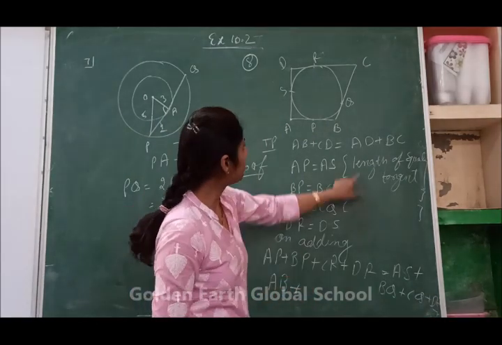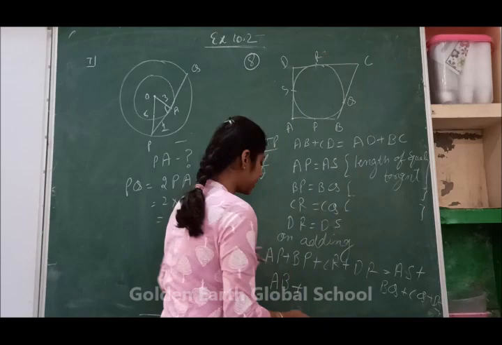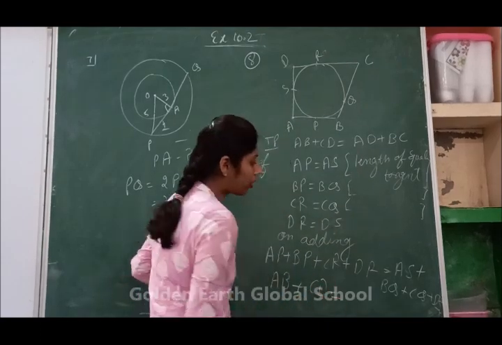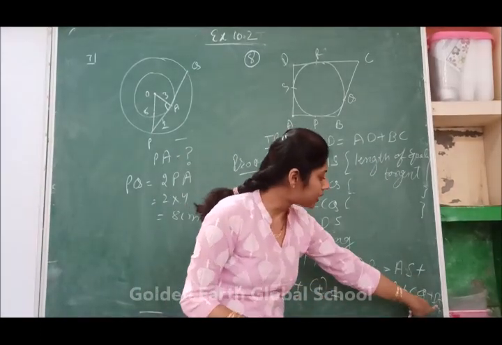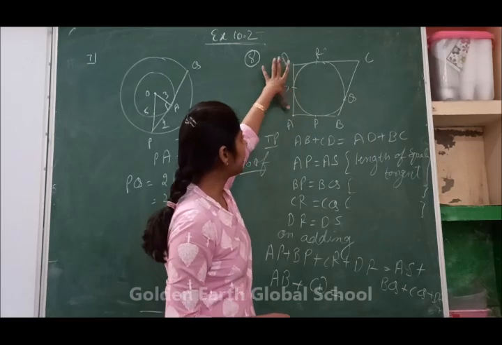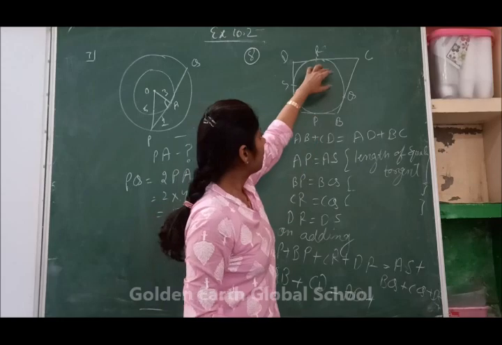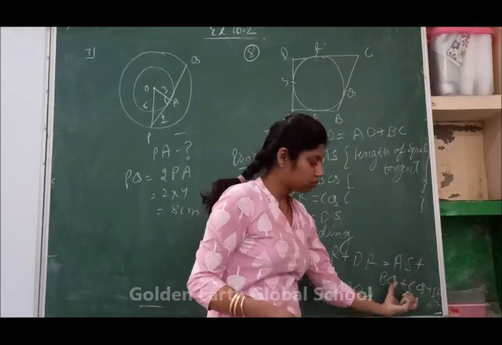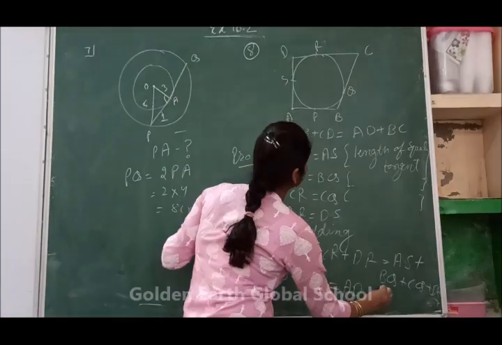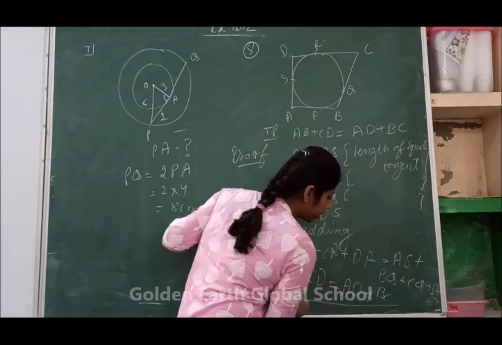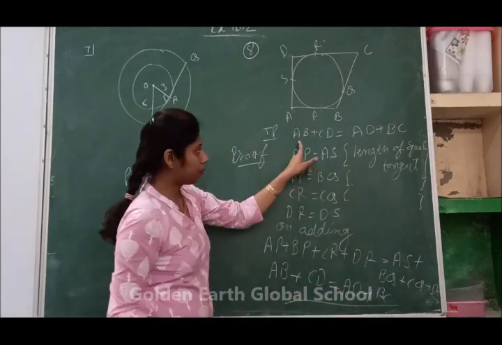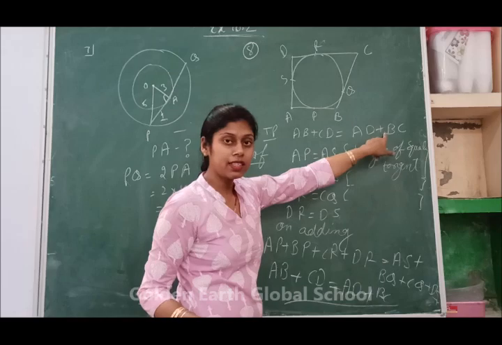Similarly, CR plus DR, we get complete side CD. On the right hand side, AS and the last DS, AS and DS is AD. Similarly, BQ plus CQ, these both sides will be equal to BC. So it is what we have to prove. AB plus CD is equal to AD plus BC.